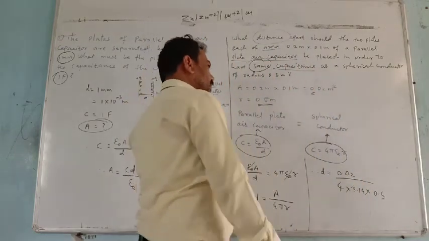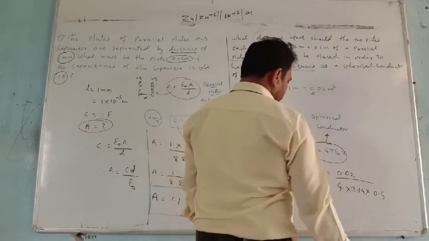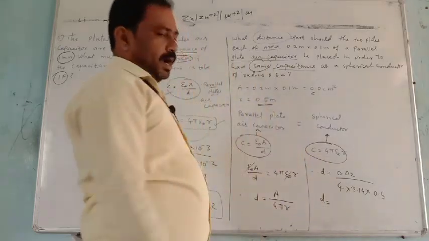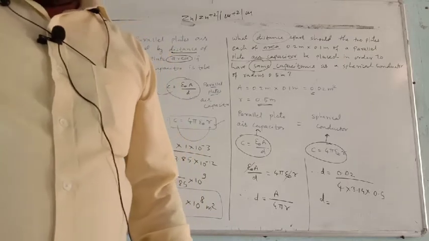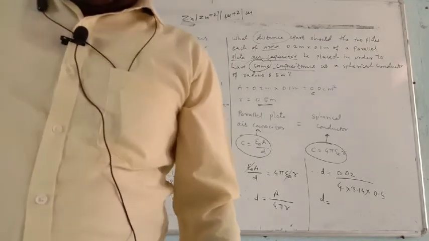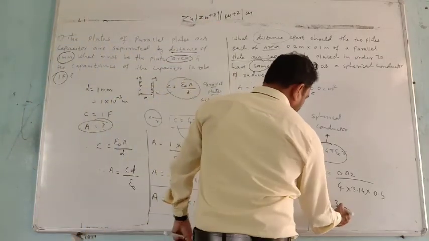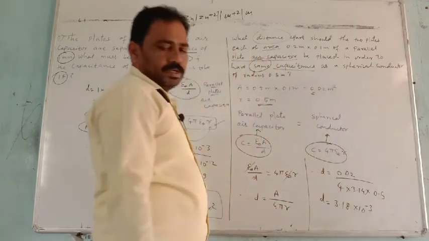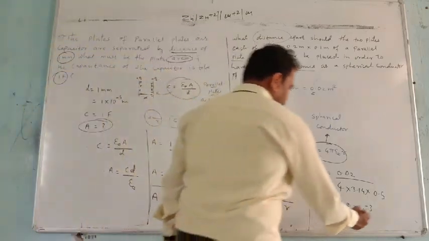After calculating, we get the final answer, 3.18 into 10 to the power minus 3 meter.